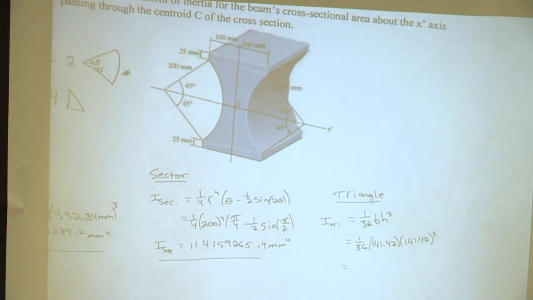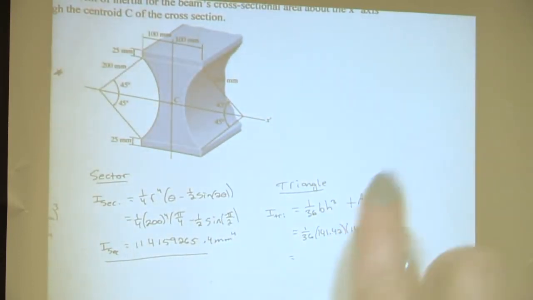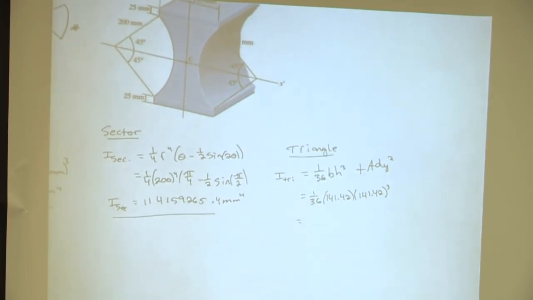And then, are we done with this triangle part? No. There's this amazing thing called the parallel axis theorem. Not sure how familiar you are with it. What is the parallel axis theorem? Okay, so it's plus the area times dy squared. The area of a triangle is what? 1/2 base times height. Awesome. dy, what does that represent?